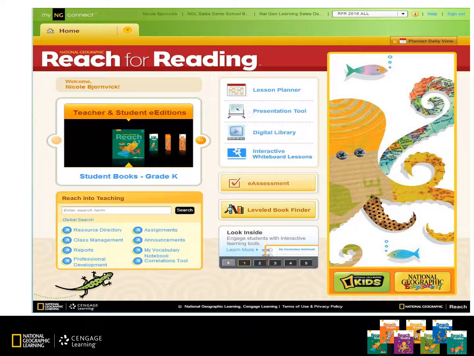Let's take a look at where to find some of the writing resources that we discussed today. These are found online on www.mygconnect.com. The Teacher's Edition shows the daily writing instruction and the writing project with all the support teachers need for success.